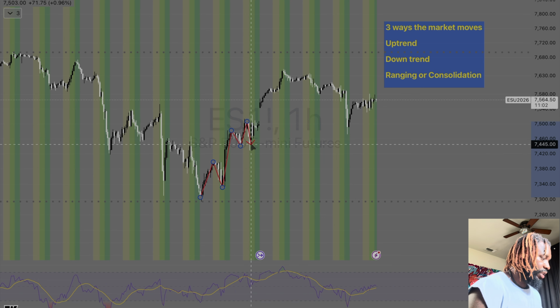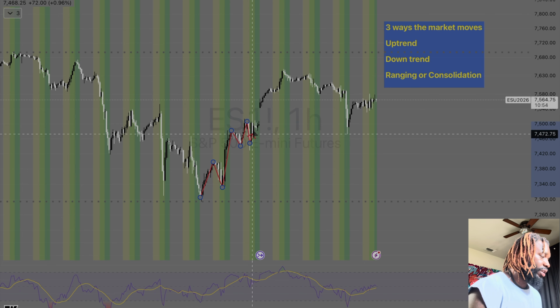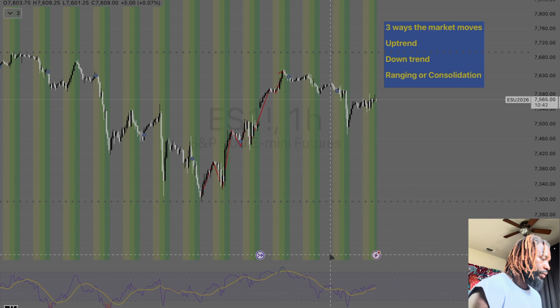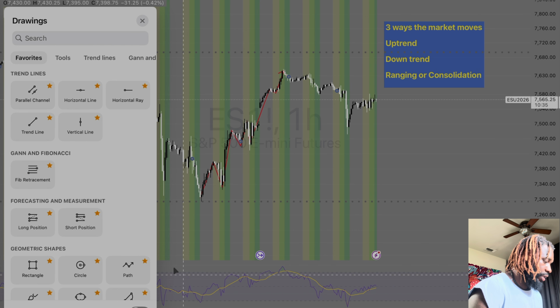For now, we're just gonna call it a higher low because it's higher than this last low here. Then price went on to make another high, higher low, higher high. So an uptrending structure is made of higher highs and higher lows, right?